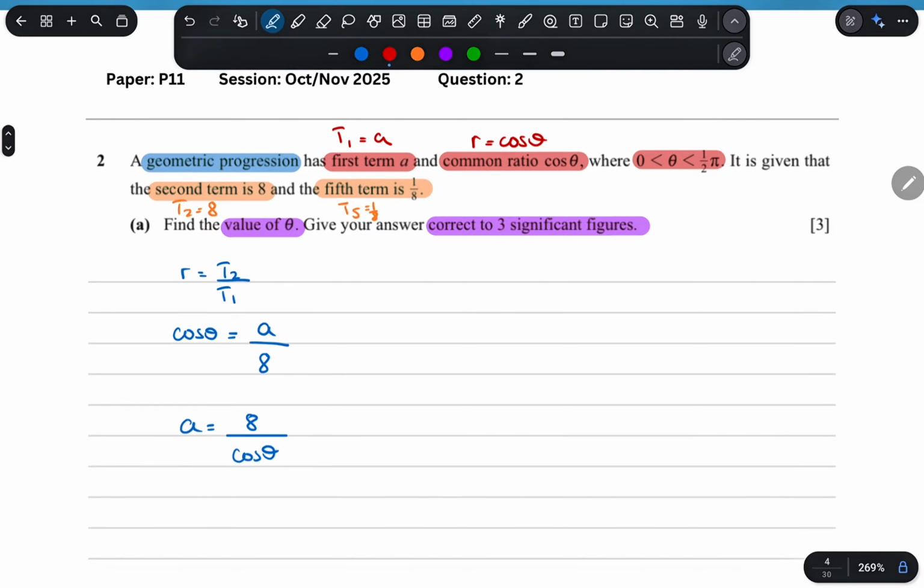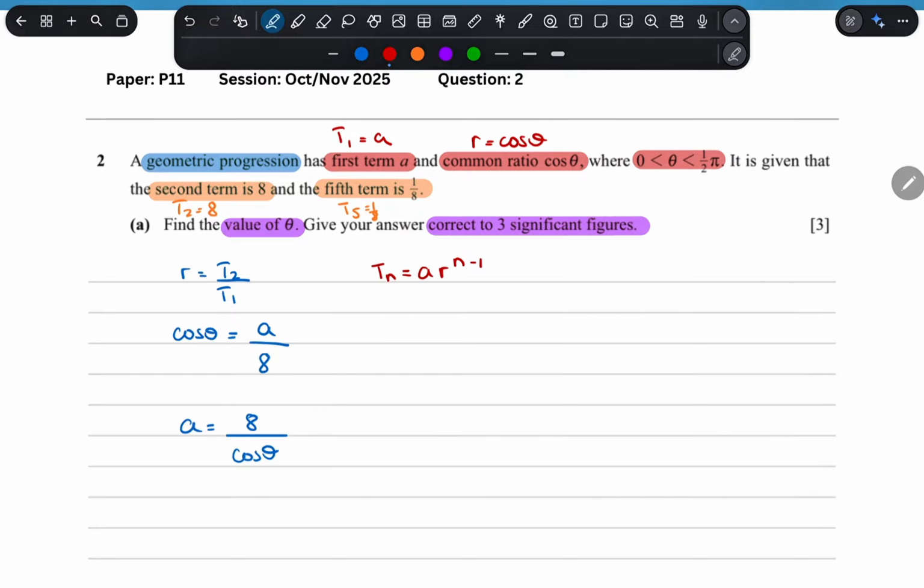Now we can solve for the fifth term. For a geometric progression, a specific term can be given by the formula first term into the common ratio to the power of n minus 1.